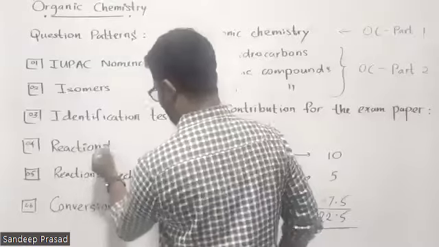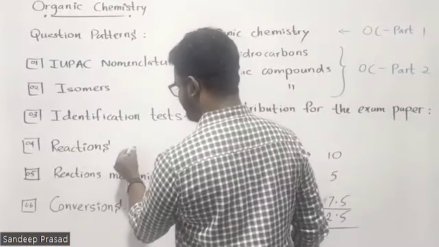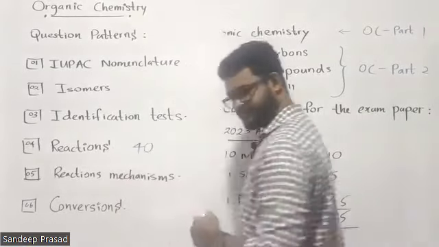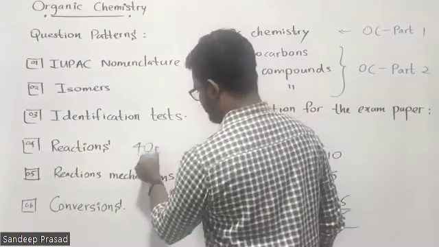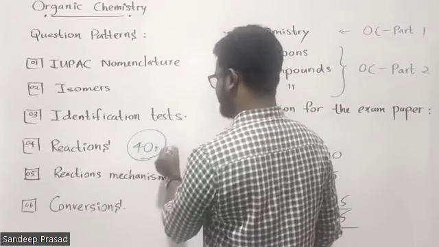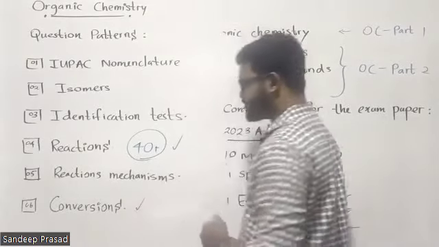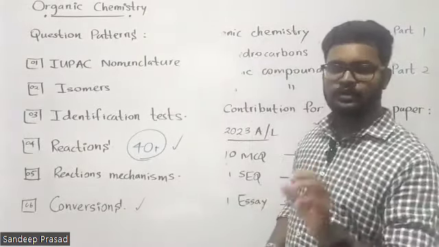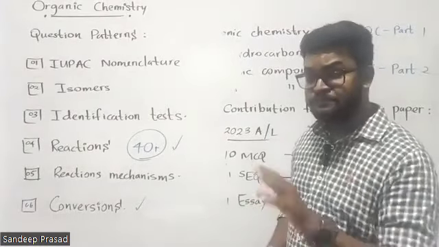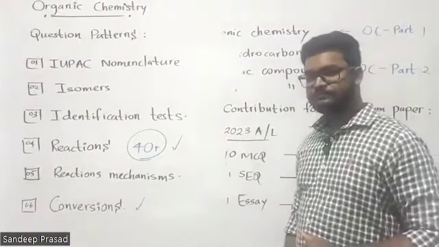That means you have to cover all the reactions. I told you, there are about 40 reactions. You have to learn these 40 reactions properly, and we are going to practice some conversions. Then only you can do the conversions that they have given in the examination.